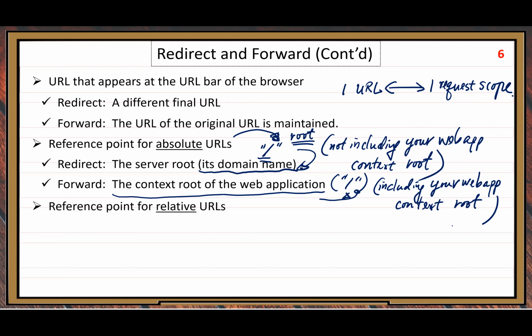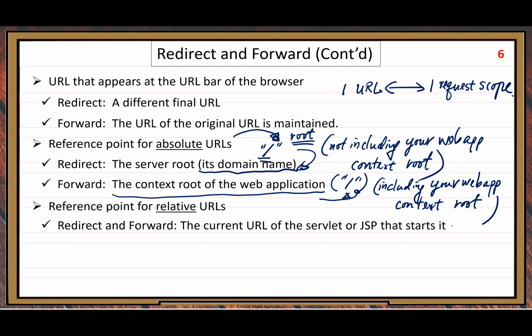Reference point for relative URL. This part is easy. That's because it matches our intuition. We do not need to pay attention to some surprising properties. Just by your intuition, that's enough for this understanding.